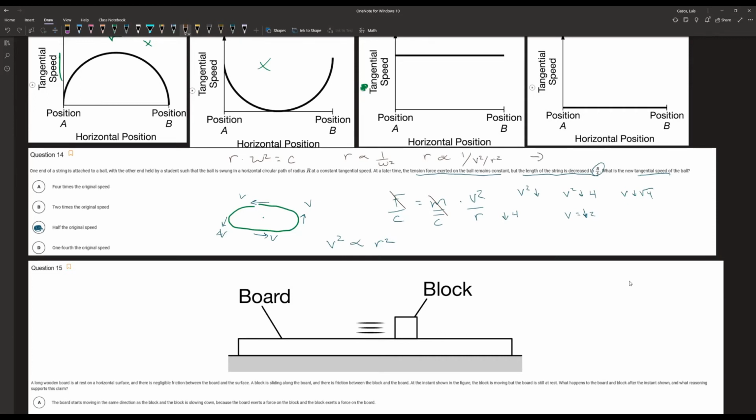And so we start to get R is proportional to 1 over V squared. R squared goes to the top because the bottom of the bottom goes to the top. So then we can say V squared R is proportional to R squared. That guy cancels, and we still get the same relationship as before. V squared is proportional to r.